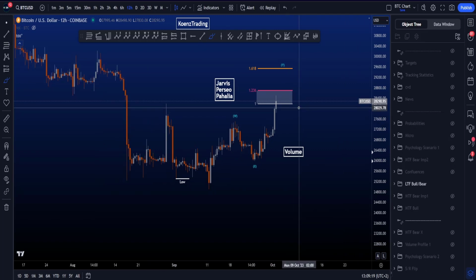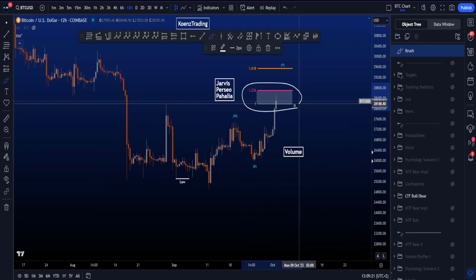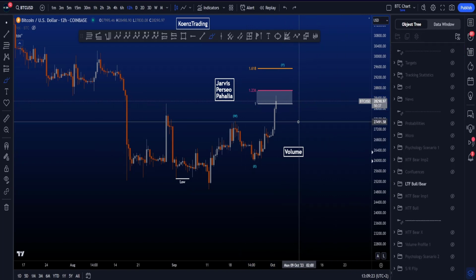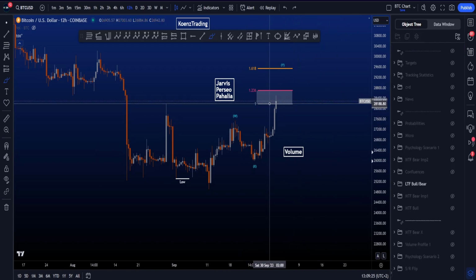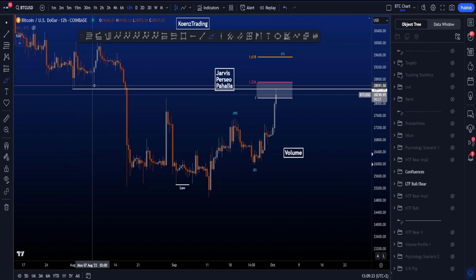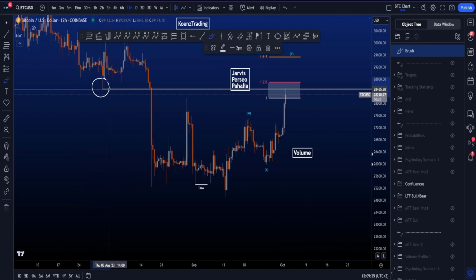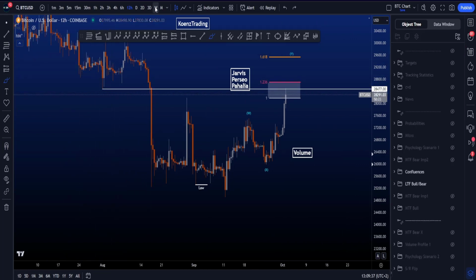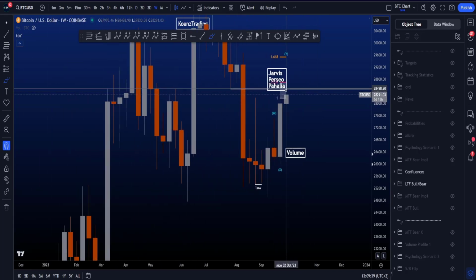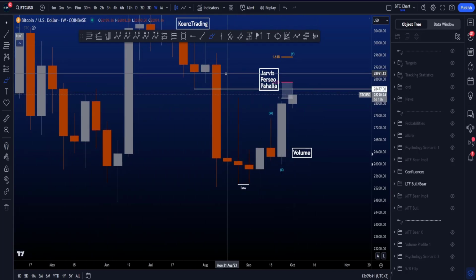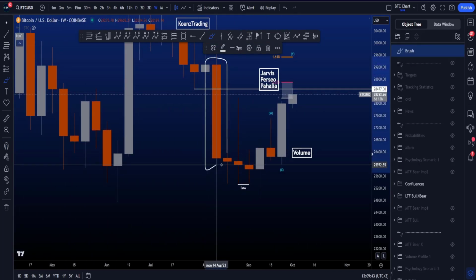Now in this scenario, the most common target for Y is between the 1 and the 1.236, which is where price is at the moment, as it is between 1k, 2k to 28.6k. Another extra confluence which price has hit at the moment is the low over here, and this is quite significant at least to know about, because you can see that on the weekly time frame we had this massive candle to the downside which created a very big gap.